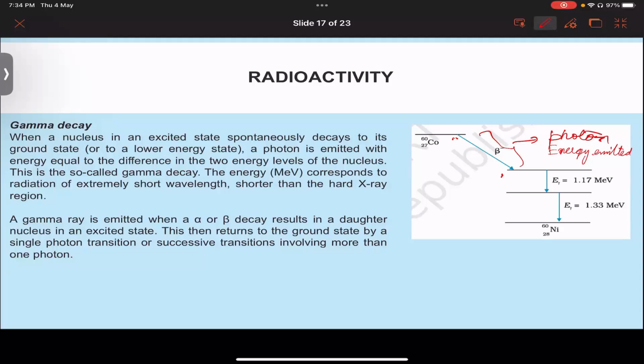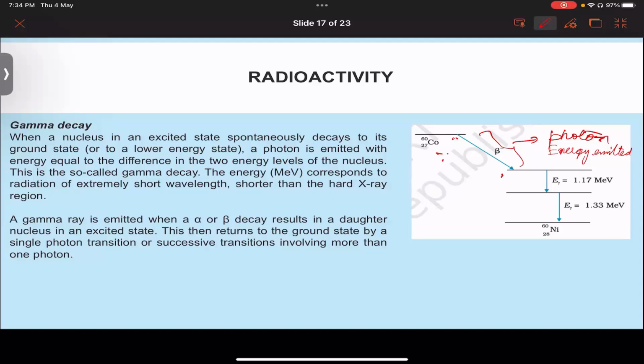One of the examples could be the de-excitation of nickel nuclei, which is formed by the beta negative decay of cobalt. We can see over here, you have your beta negative decay.